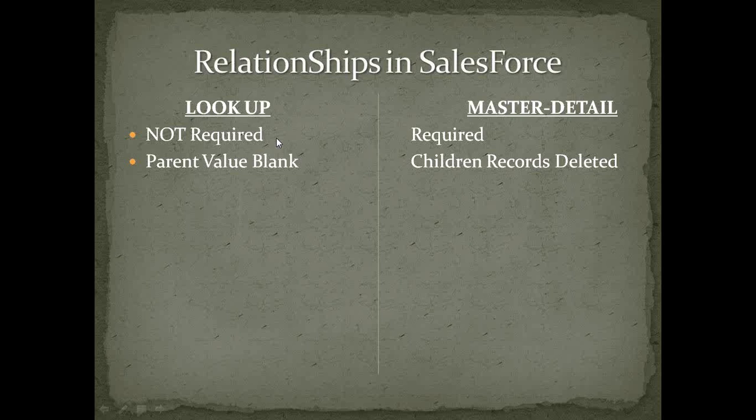Coming to master-detail, if you had established master-detail between parent and student, it is cascade delete, what we call. Once you delete a master record from the master object, all the children will also be deleted. Suppose you delete the faculty B record from the faculty object.